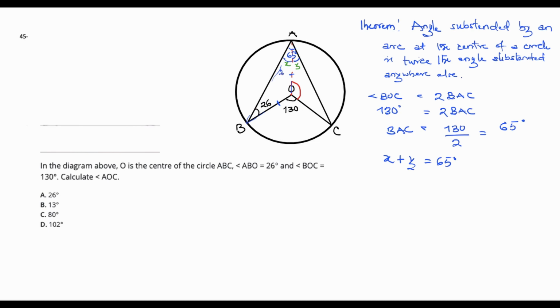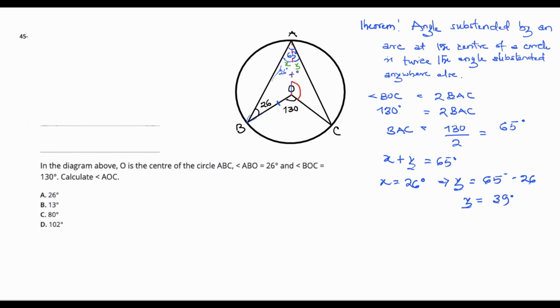So this is also 26 degrees right here. This angle is equal to this angle for an isosceles triangle. So if X is equal to 26 degrees, then from this equation, Y is equal to 65 degrees minus 26 degrees. And that means the angle Y is equal to 39 degrees.